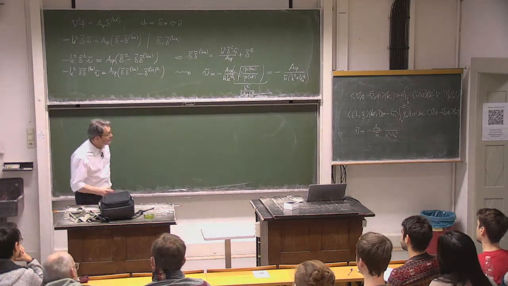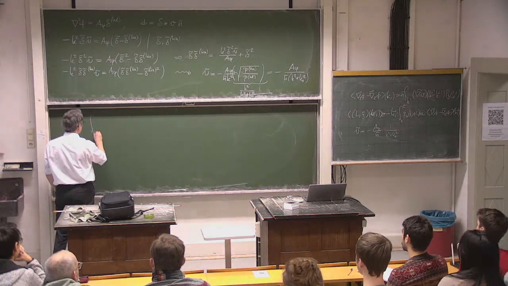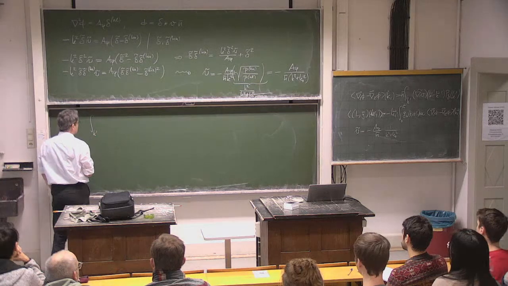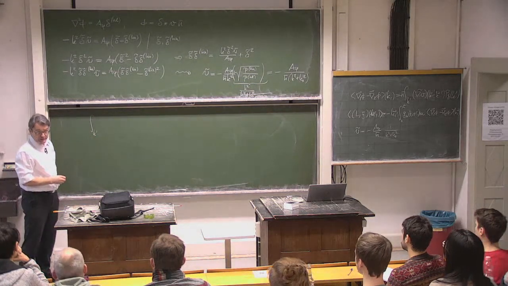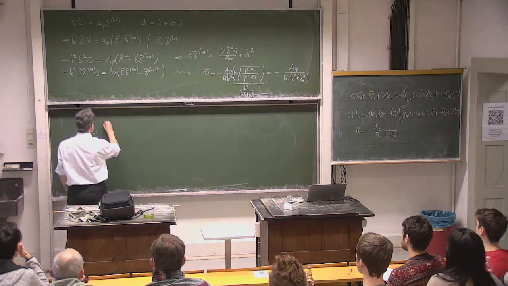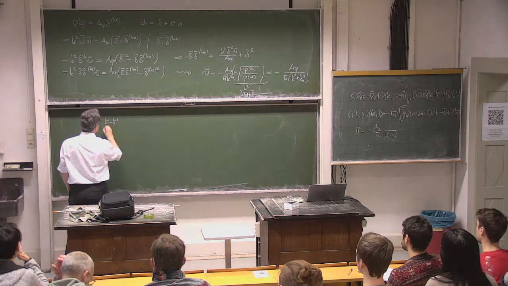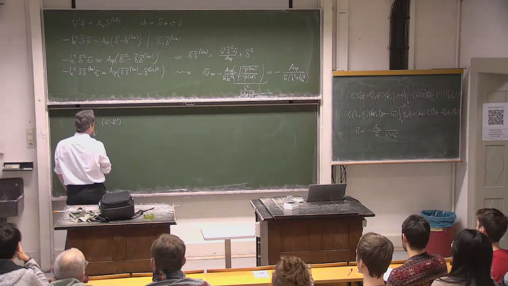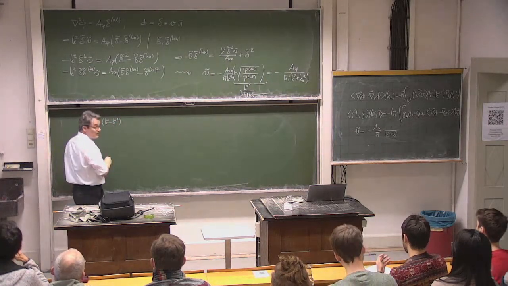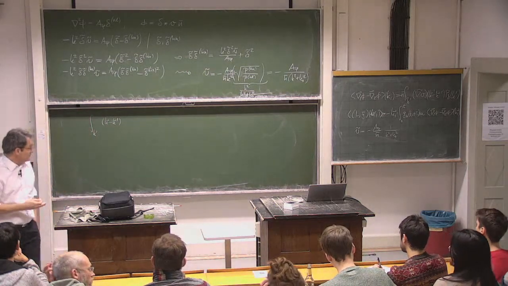Nonetheless, now we have to carry out an integral like this. It's the convolution integral between the potential gradient, so this is k minus k prime, times the Fourier transform of the potential itself.